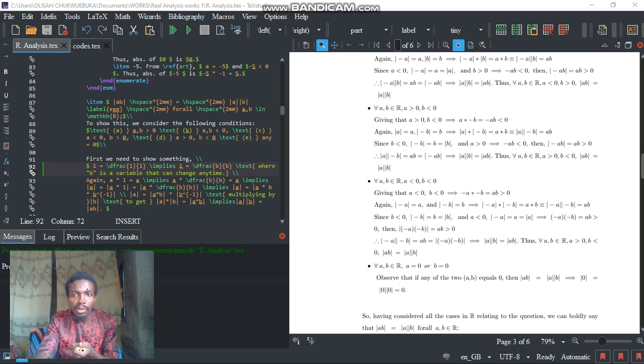A. And again, absolute value of A is equals to A. Let us have that in mind. Absolute value of negative B equals to B, which implies that absolute value of negative A multiplied by absolute value of negative B is going to give us what? A multiplied by B.